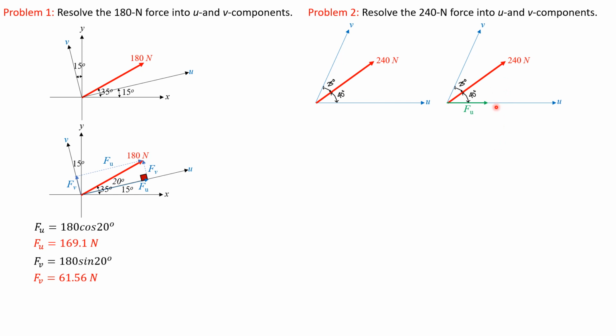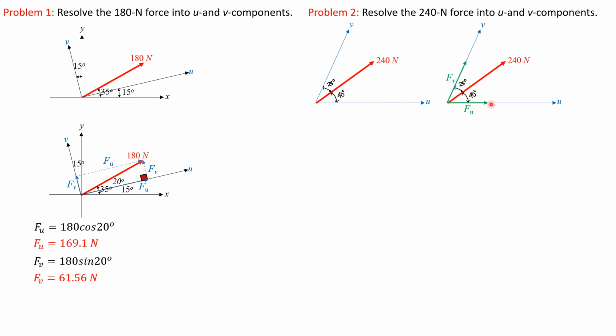By the way, if the components are given, it is like finding the resultant force. The main diagonal of the parallelogram is the resultant force. Given the resultant force, to find the components, it's like finding the sides of the parallelogram, or we can reduce that to a triangle.